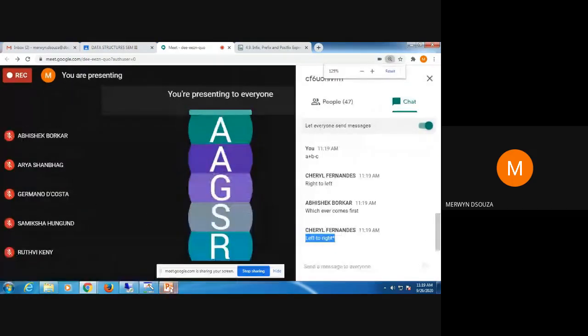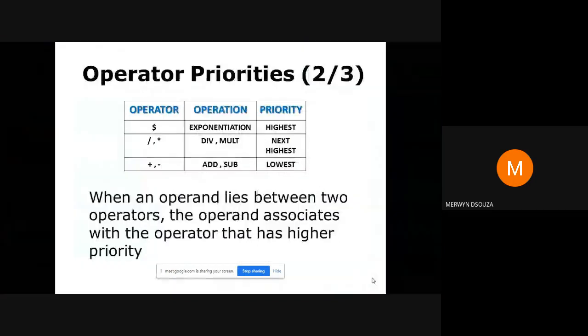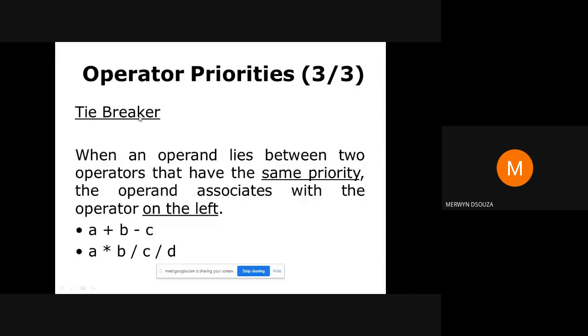Like I mentioned in my next slide here, when operators have the same priority, you solve the operator which is on the left first. So first you will solve a plus b, you will get some answer. That answer you subtract with c. Same way here, a multiply b you will do first, you get some answer.